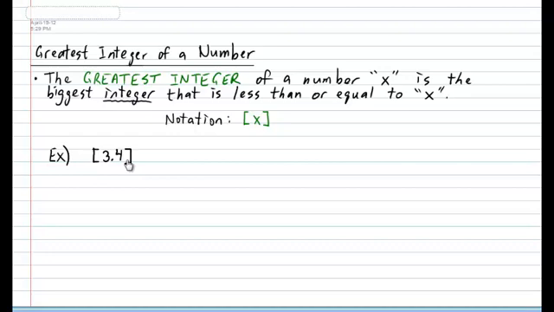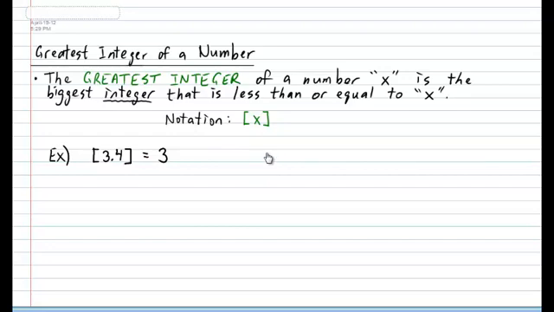Don't forget, integers mean whole numbers only. So which whole number comes closest to 3.4 without going over 3.4? Well, the number 3 comes closest to 3.4. It's an integer because it's a whole number, and it's less than 3.4.